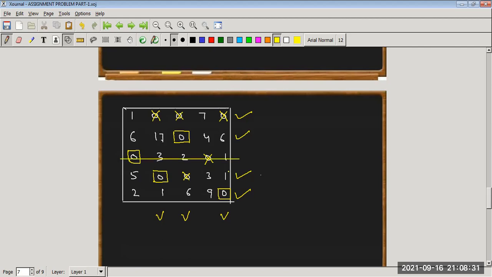So this is a line, column row number 3. We draw the line through unticked row and ticked column. So ticked columns are this, this, and this one.